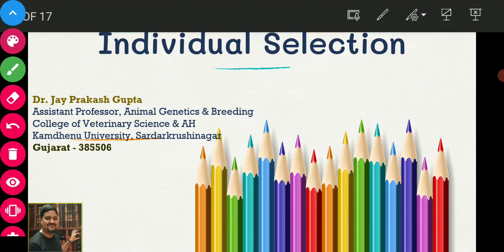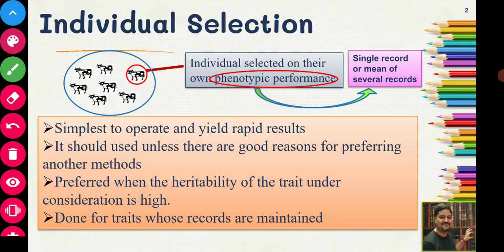What is individual selection? Individuals are selected on the basis of their own phenotypic performance. Suppose you have 10 cows.